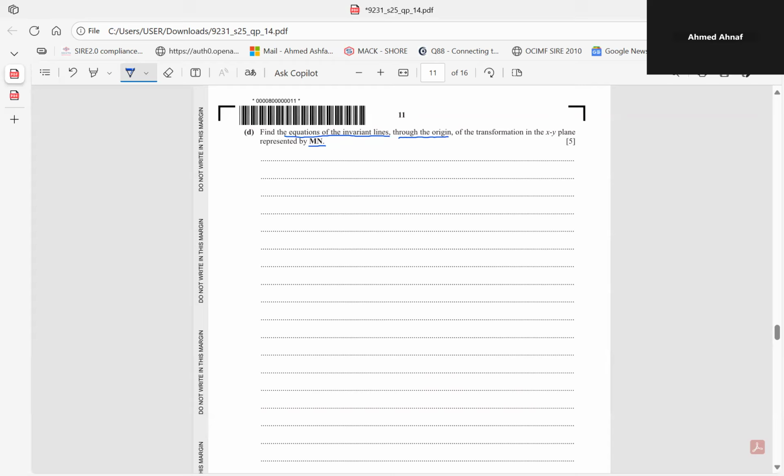So let's take the point xy, and say it's multiplied by this 2 by 2 matrix. This will still be xy if it's invariant. And the origin is always invariant regardless of what transformation you apply.